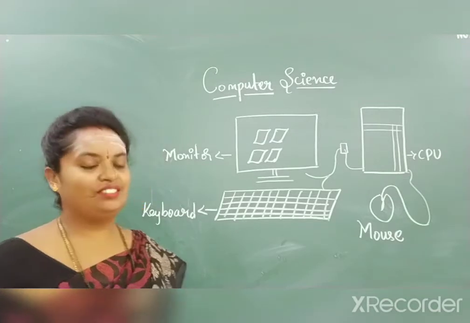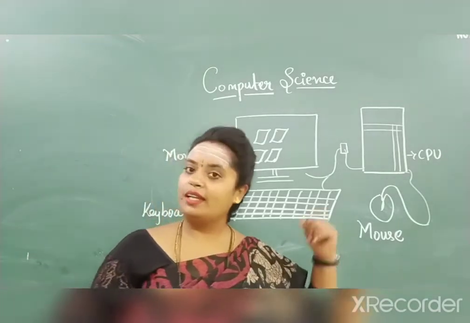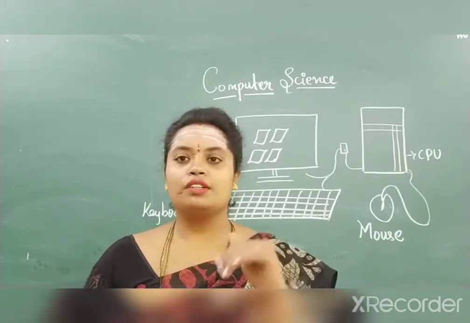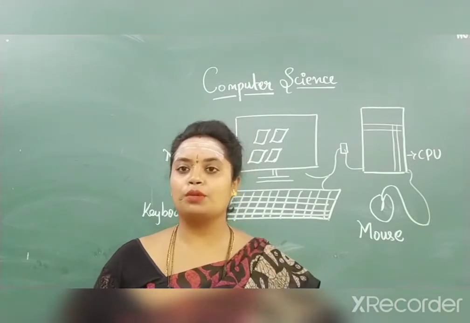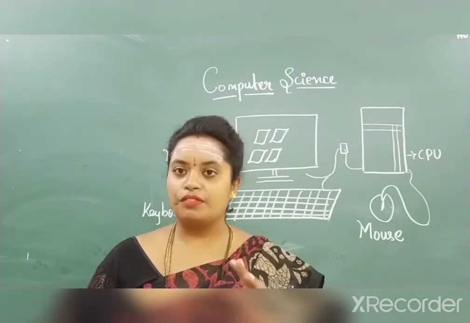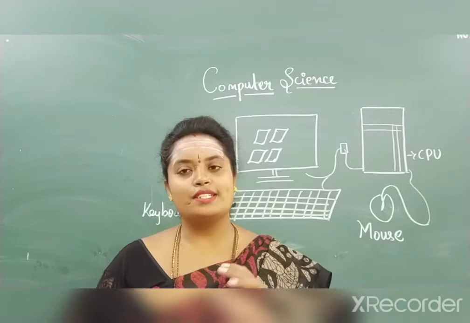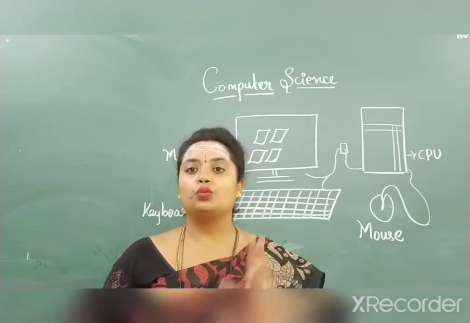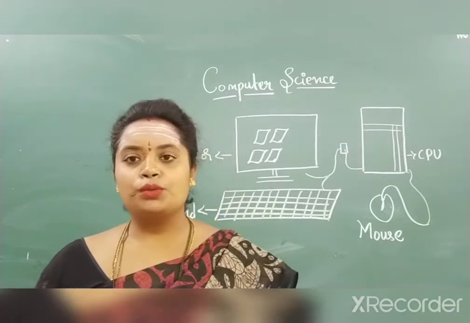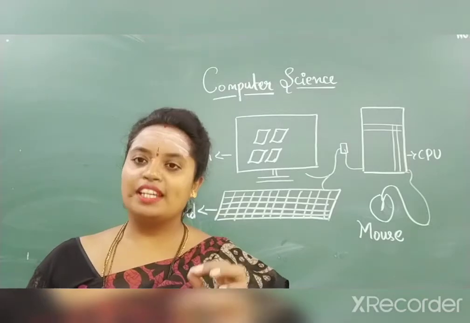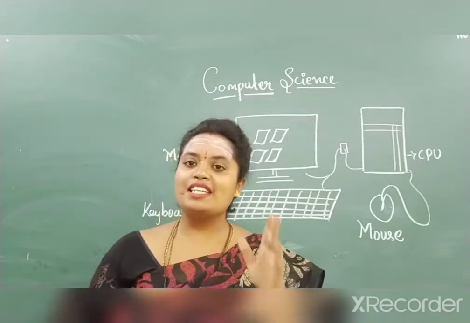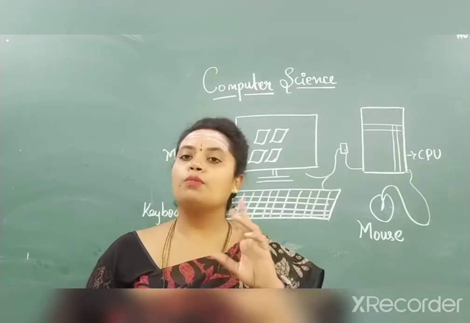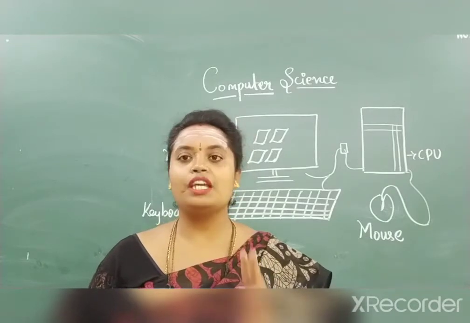Before going in depth, tell me first, what is a computer? The first question arises, what is a computer? A computer is an electronic device which takes in the input, processes it and gives out the output.